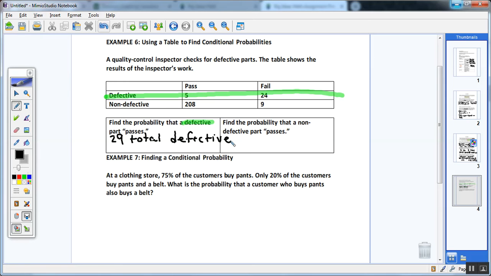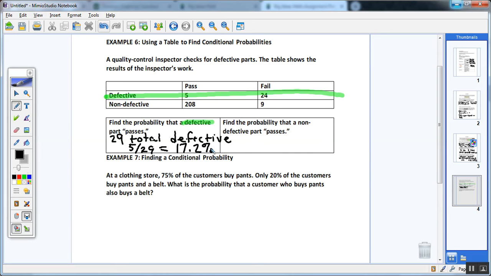So we would say 5 out of what, kids? Somebody run 5 out of 29 and let's approximate a percent on that. 17.2%. 17%? Did I hear 17.2? Okay.